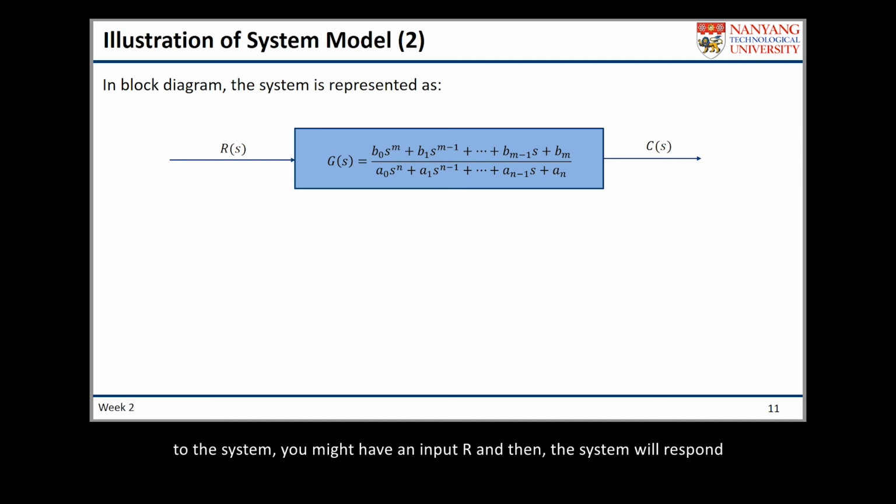The system might have an input R, and then the system will respond by giving an output C. So the block diagram representation of that generic system will be as you can see in this slide.